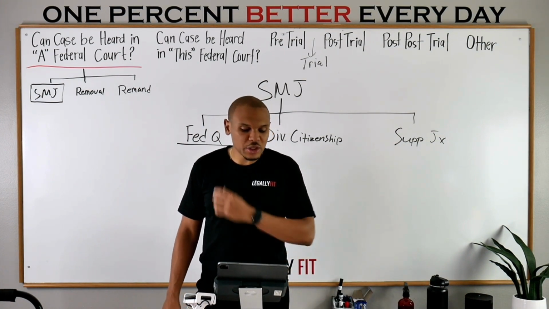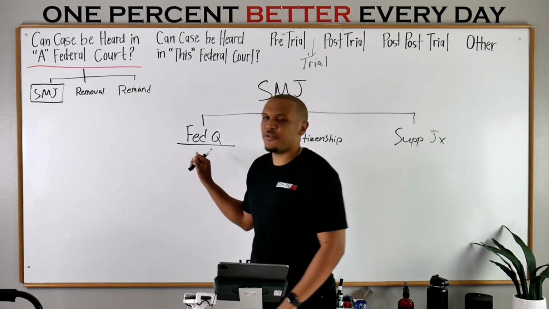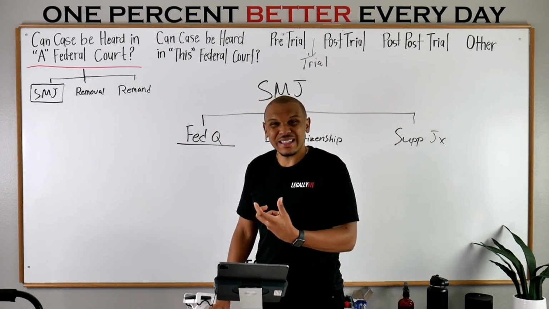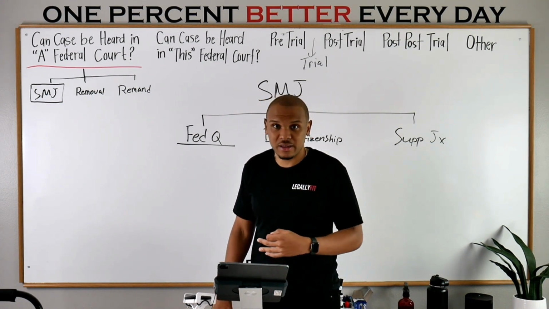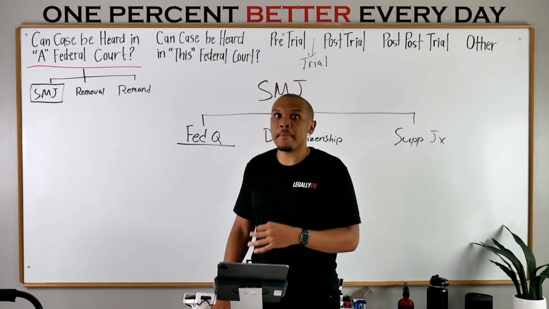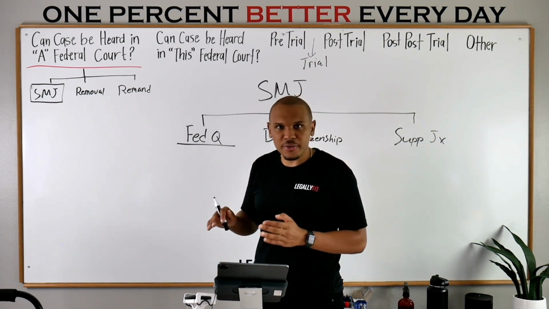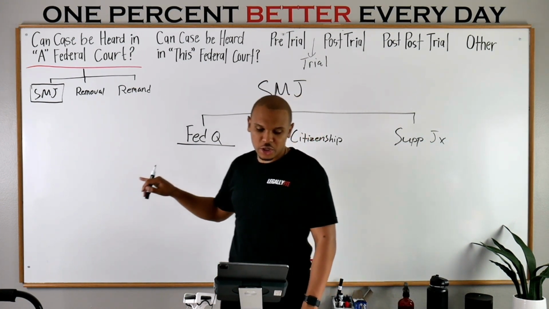Basically, in order to fall under federal question, the federal law at hand to take this into federal court must be in the plaintiff's complaint. But if there's no federal law in the plaintiff's complaint, but only in the defendant's defense, that is not enough to get into federal court under federal question jurisdiction.